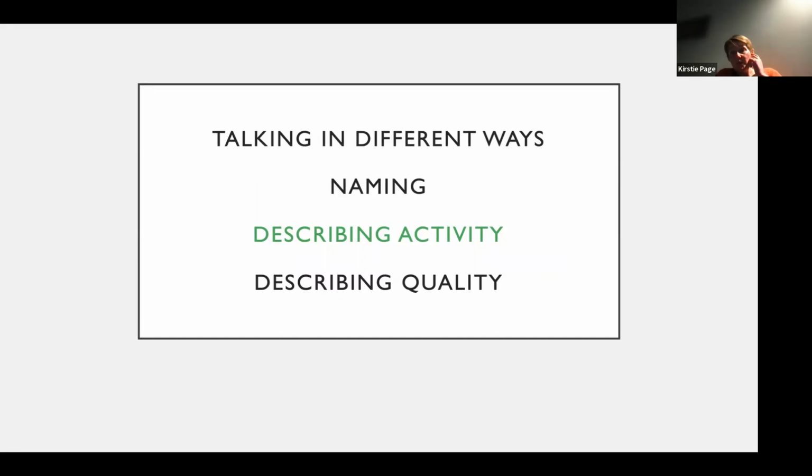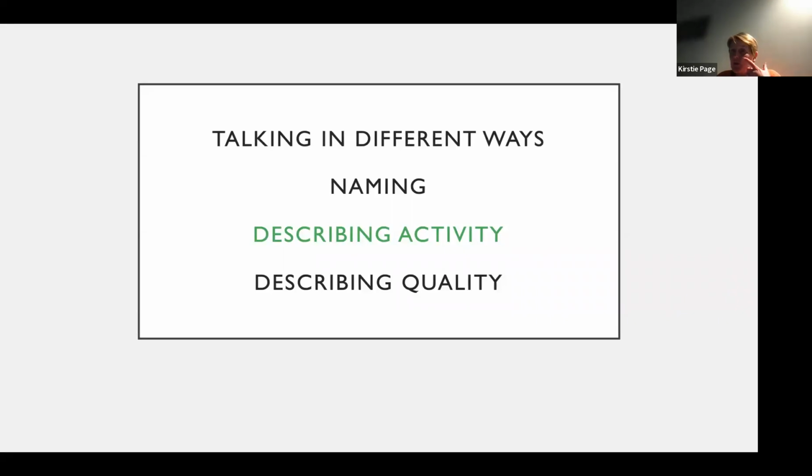So when we're thinking about basic talk, and here I'm moving away from structure, I suppose I'm moving more into why am I talking? What is the purpose of my talk? Then really when we look at very young children, we tend to see them using talk in three main ways. One, I use talk to name, to tell you about what things are.